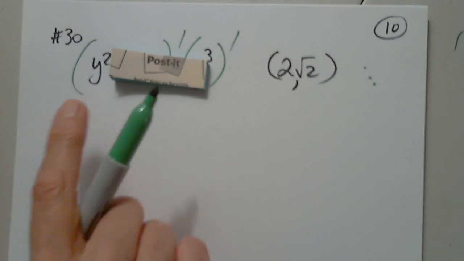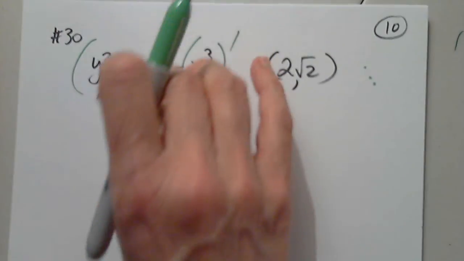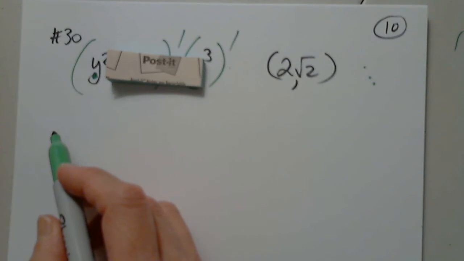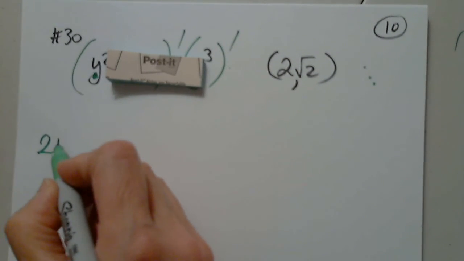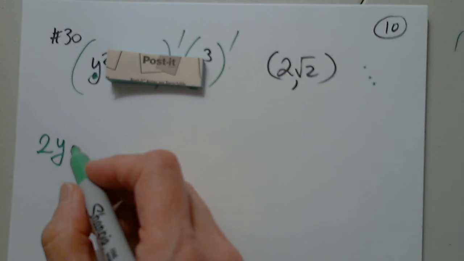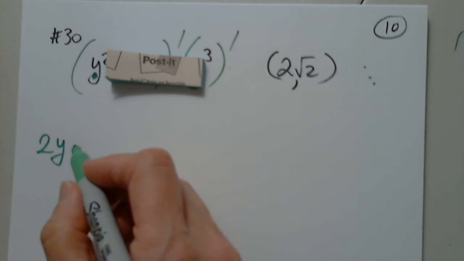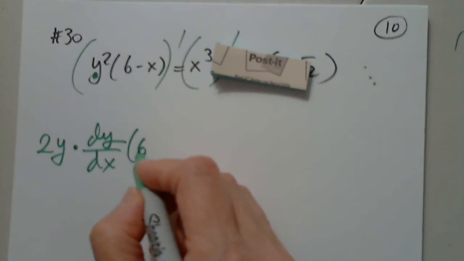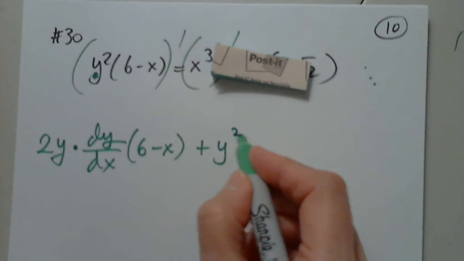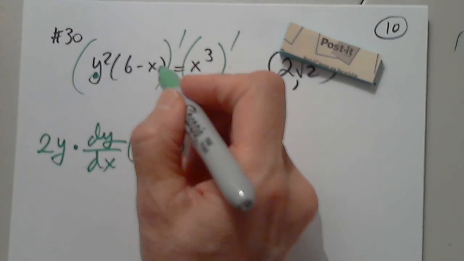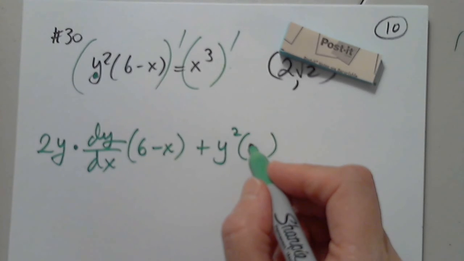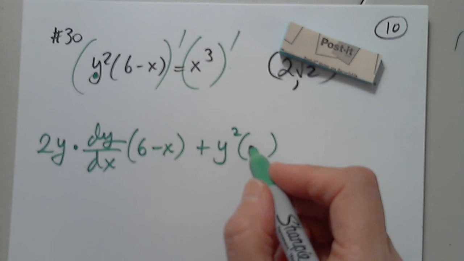Okay, so y squared prime is 2y times dy over dx, times the second one, plus y squared times this prime, which is negative 1.